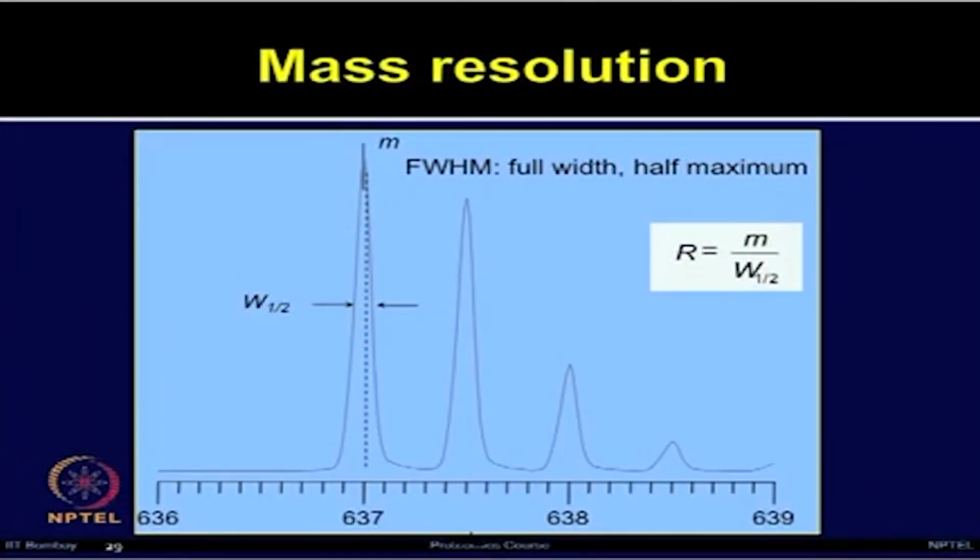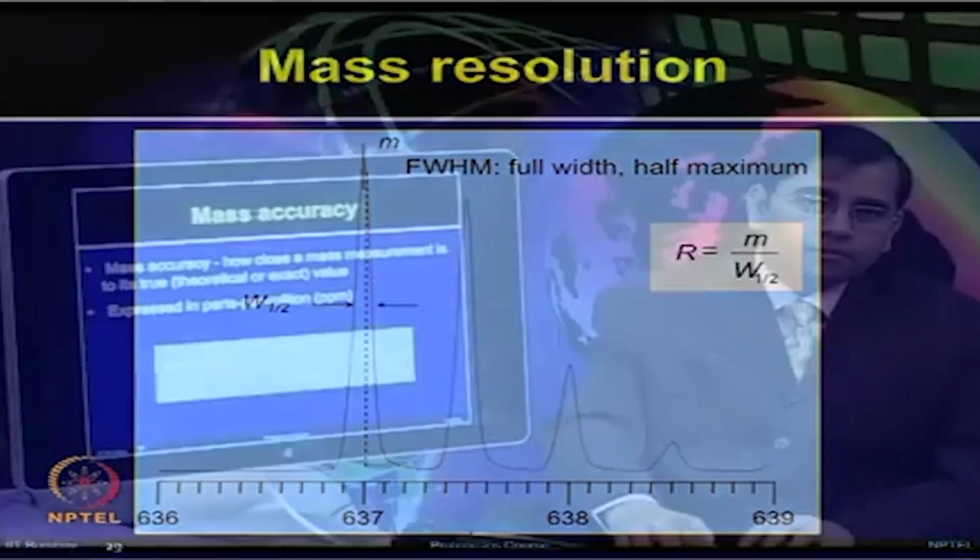This slide shows you the full width half maximum or FWHM. So, mathematically mass resolution is the inverse of resolving power, shown as R equals m by W half, where m is the average of mass and W half is the difference in the accurate mass of the two neighboring ions.